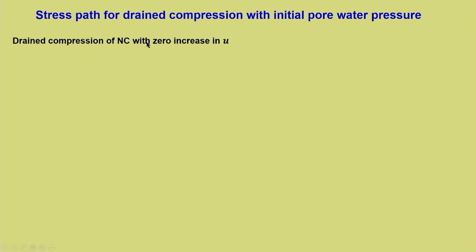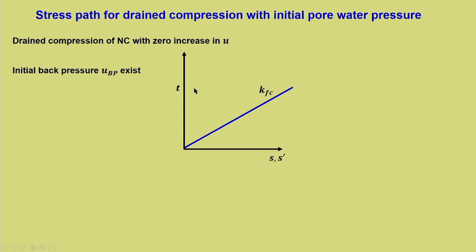So, drained compression for a normally consolidated sample with 0 increase in pore water pressure. Here you can see that we are discussing the initial, not during shearing. So, that is why it is 0 increase in u, where u is pore water pressure, but there is an initial back pressure which exists in the sample during saturation.